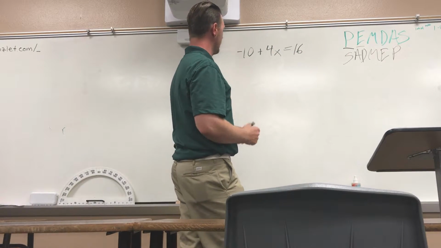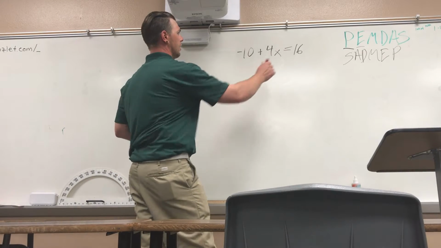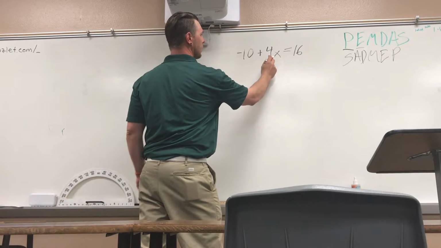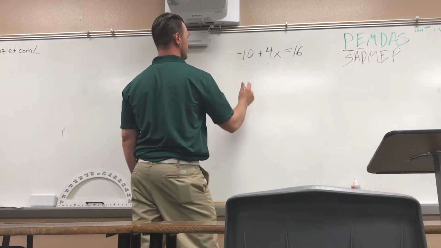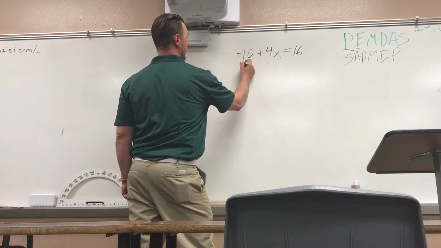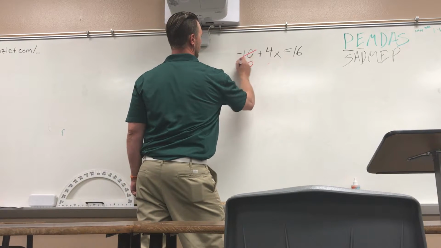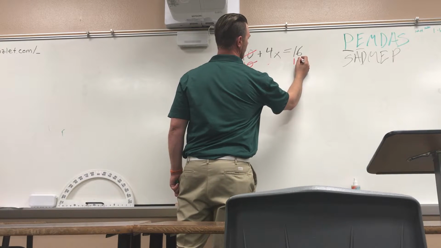So we're going to take this -10 and try to get it over here. So we're going to try to keep this x on this side of the equal sign. So to get rid of this 10, we're going to have to add 10. So when we add 10, we knock those off. We bring the 10 over here.